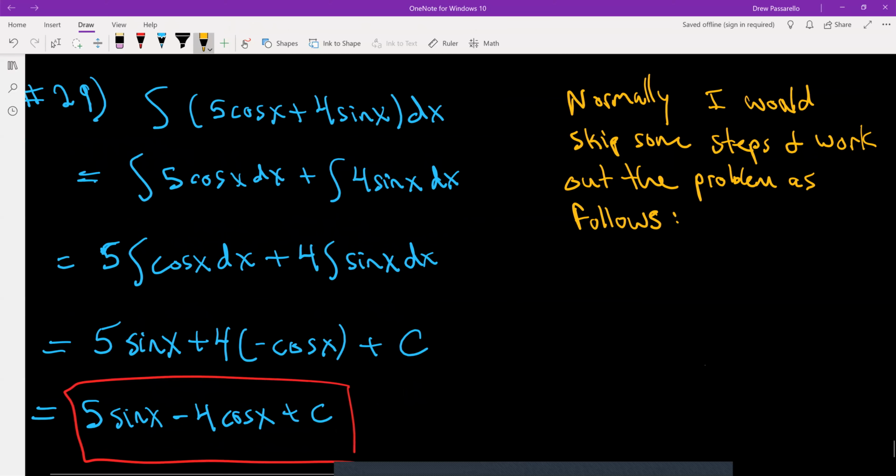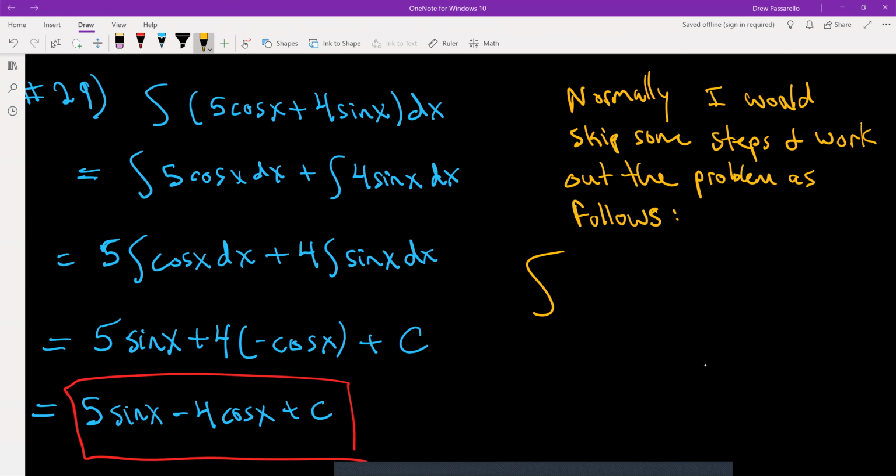So I'll just write the problem over again. I know I've got to integrate each component, or each term. And for the numbers 5 and 4, you basically factor them out in front of the integral of each component. So for 5 cosine x, I factor out the 5 and then I integrate cosine.